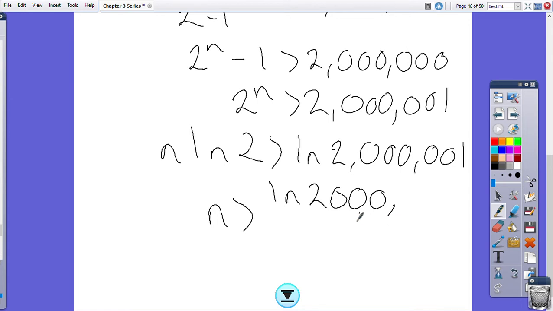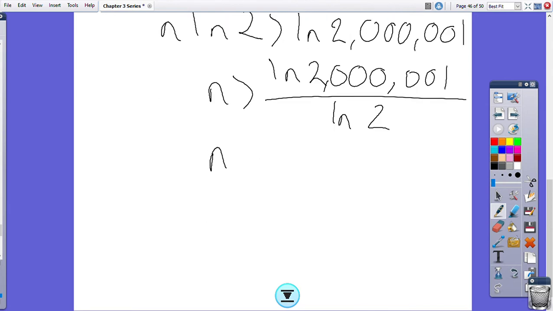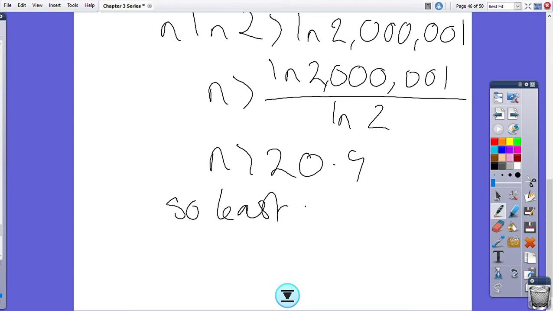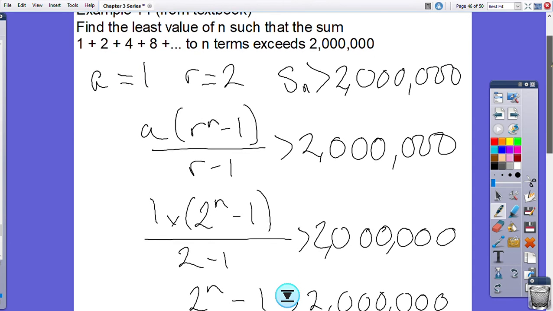I'll be glad when we work this out on our calculator and I don't have to write 2 million and 1 anymore. So n is bigger than 20.9. So the least value of n is 21, because n has got to be clearly a positive integer, because it's a number of terms.